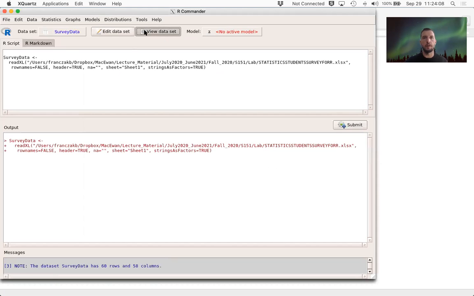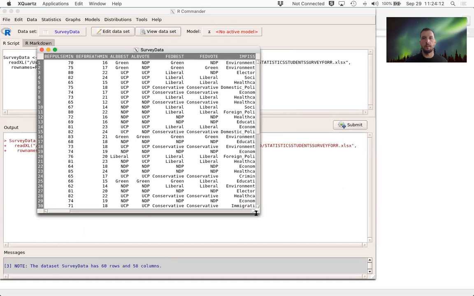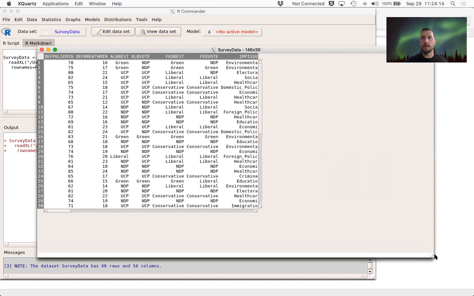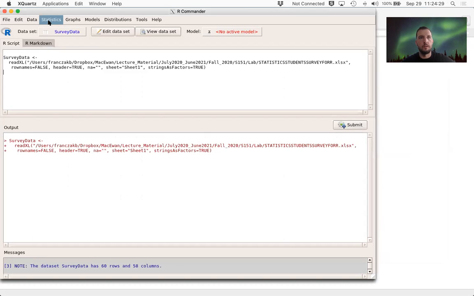Now if we click View data set, you can see that we have a data set with many different variables in it. The 2 variables that we are interested in are JT good, which is shown here, and Fed best, which is shown here. So we want to build a contingency table for this information.